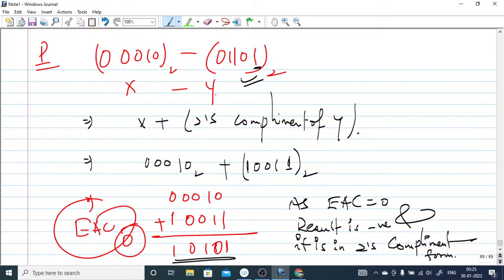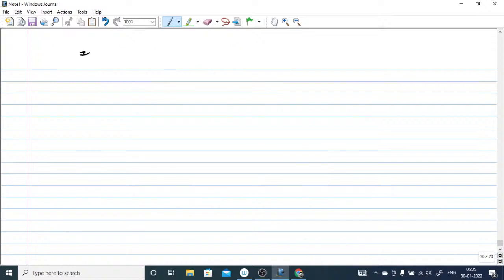This is a very important and deep concept, right? So if you want to get the right result, you have to take the 2's complement of this. So you have got 1 0 1 0 1.